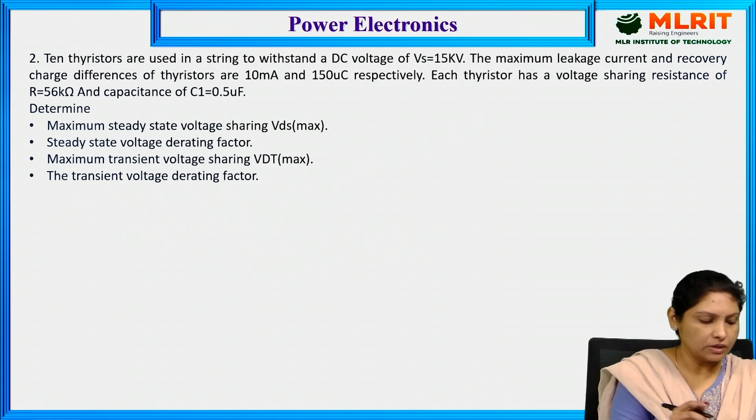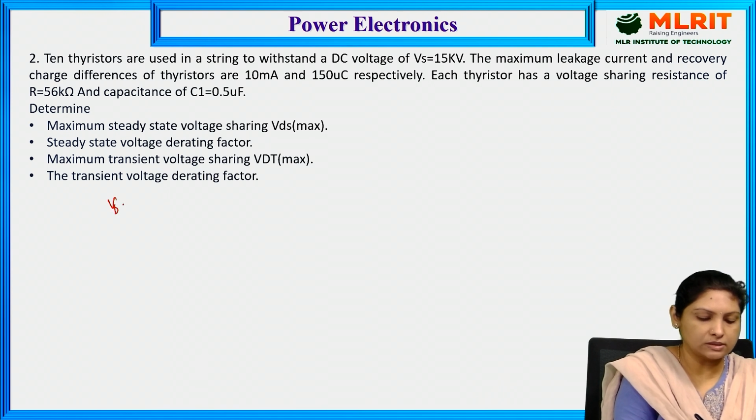If we resolve this, we get VD1 equal to 2004 volts.